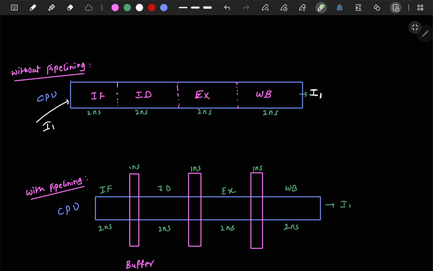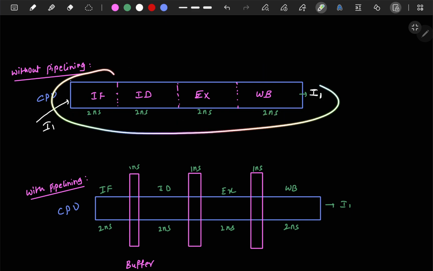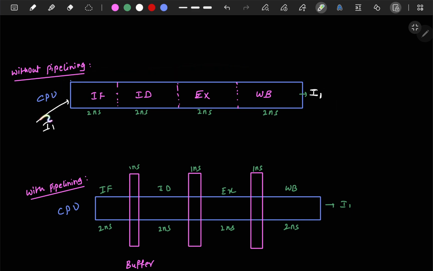Now you can clearly see each phase. For example, each phase is taking 2 nanoseconds: instruction fetch is taking 2 nanoseconds, decode 2 nanoseconds, execution phase 2 nanoseconds, write back 2 nanoseconds.